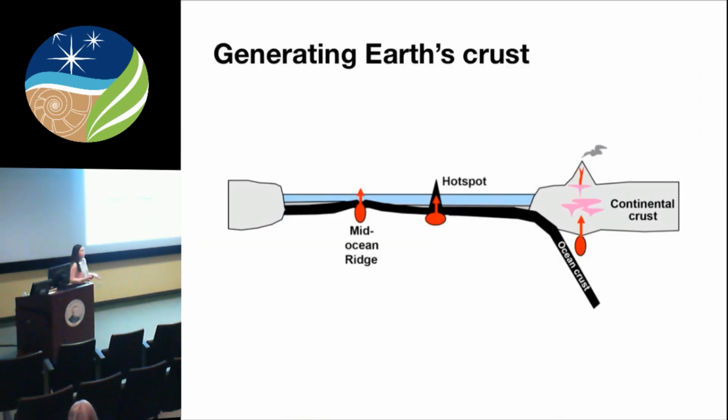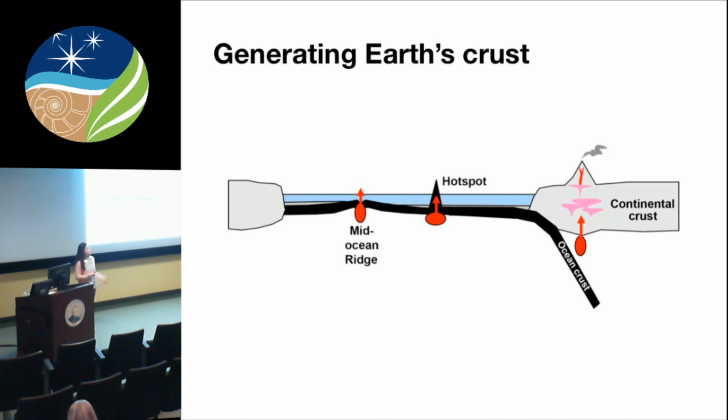So how do we generate Earth's crust? We know that at spreading mid-ocean ridges, the plates spread apart, the mantle upwells, and we melt the mantle because of the decompression of pressure, and we form mid-ocean ridge basalts, which go on to form the oceanic crust. Eventually, that crust subducts because it gets cold and dense with age.